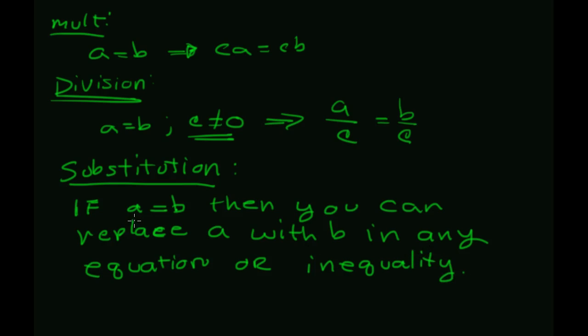So if these things are equal, you can take one out, you can put another one in, and the truth of an equation or an inequality will not change.